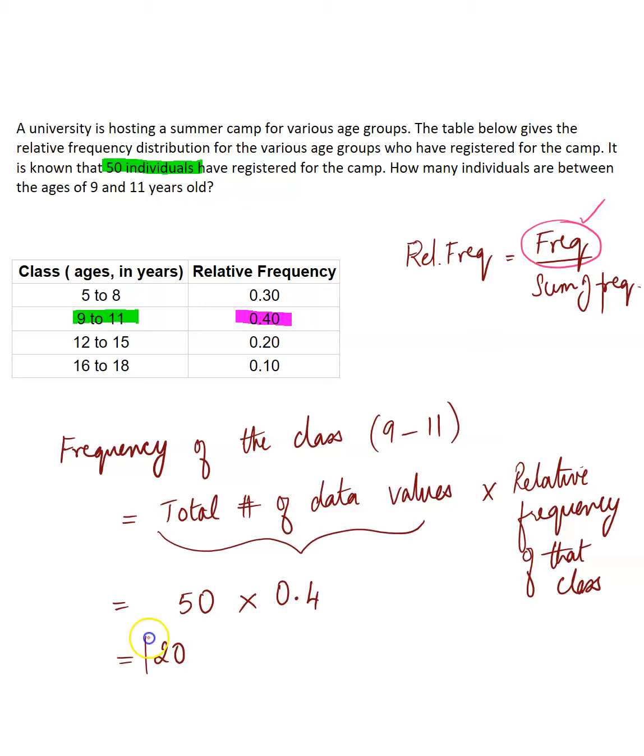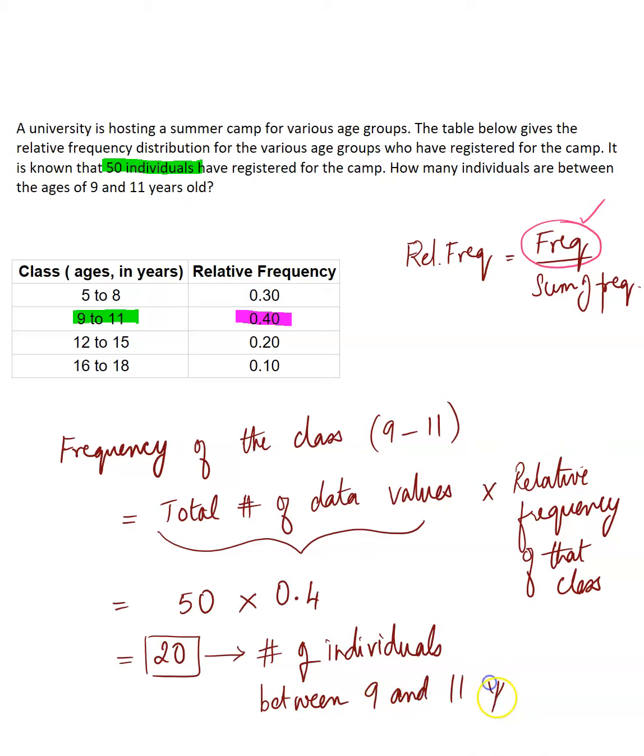And that's your answer. So this is the number of individuals between 9 and 11 years old.